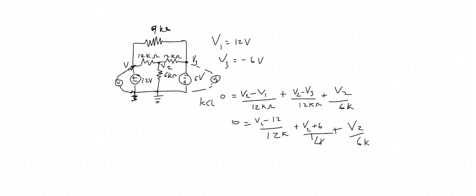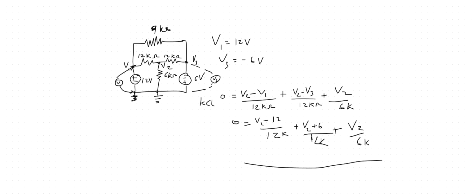So what are we going to do now? You could simplify this. Could we do the LCM, the least common multiple, first? Let's get rid of the division. Yeah, we could.